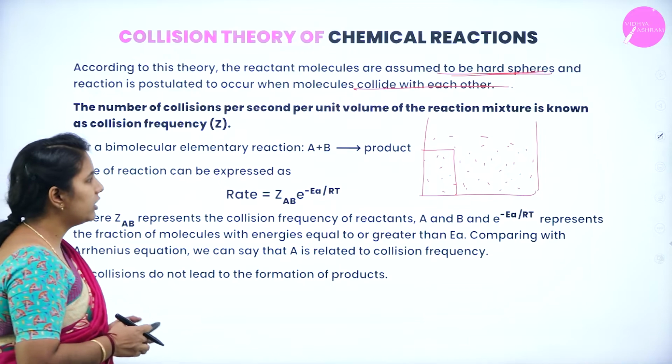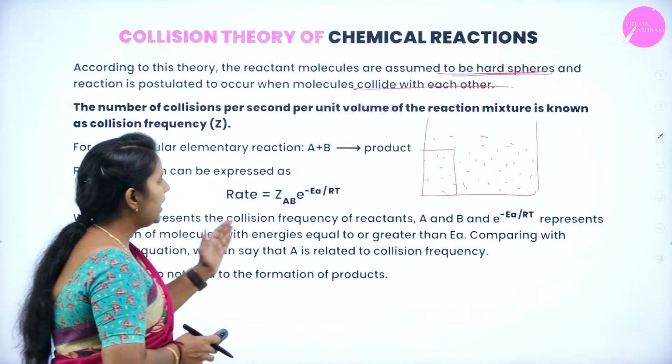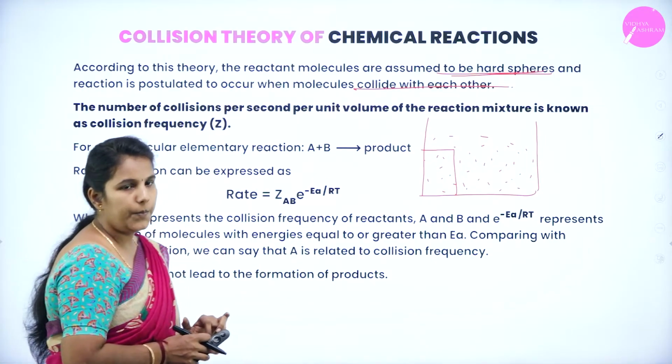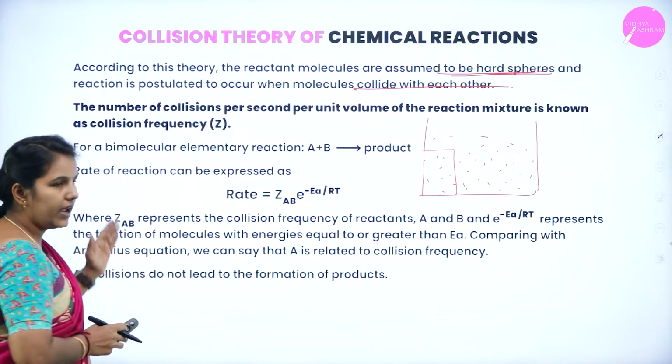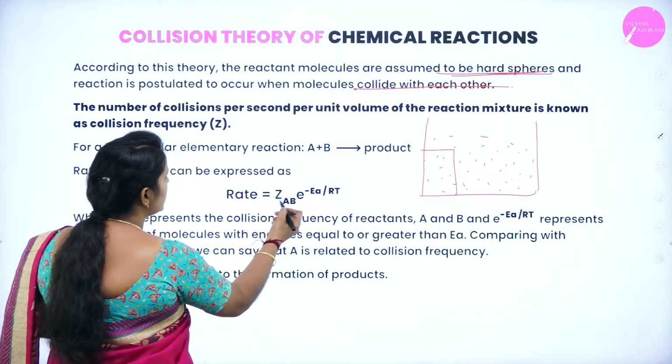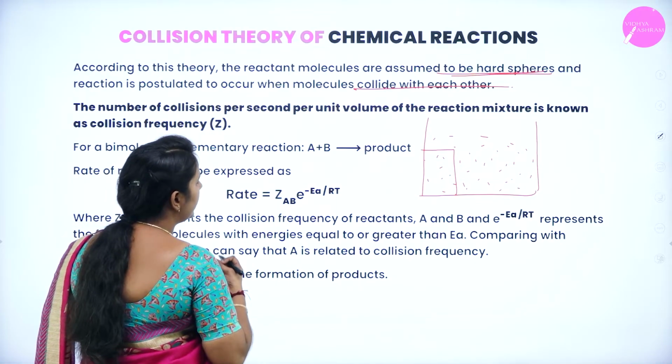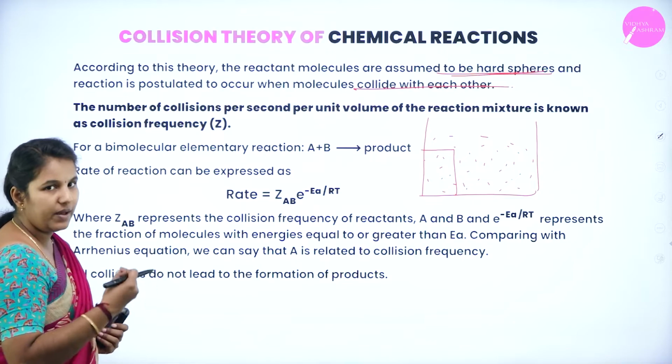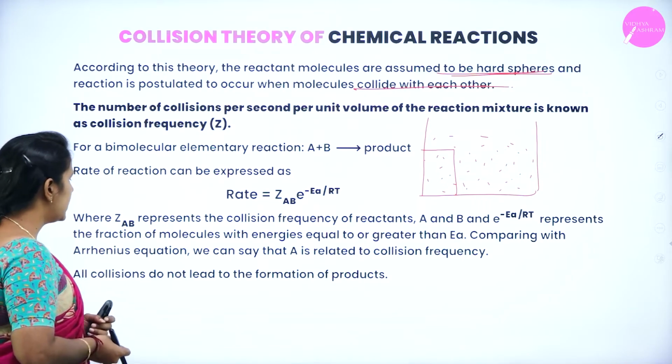Here I have taken the reaction where A plus B gives rise to product, and the rate of the reaction can be expressed as rate equals Z_AB times e to the power of minus Ea by RT. Then what is Z here?